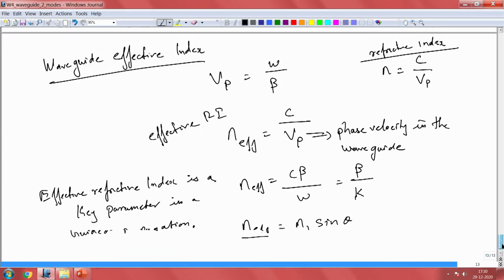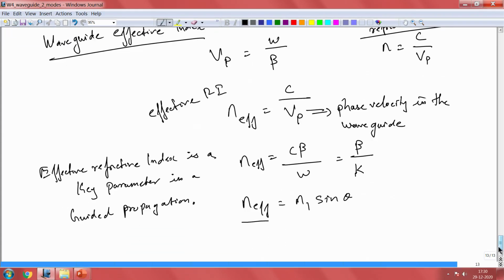Since this is beta, we also saw that this beta is actually beta m, depending on the mode number. If that is the case, n effective should also be a function of the mode.